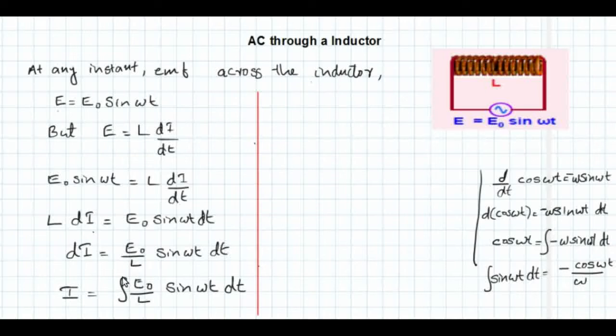But what we want is integral sin omega t dt. So from this we can find this integral sin omega t dt will be what? Minus cos omega t by omega. So the result of this integration, integral sin omega t dt, is nothing but minus cos omega t divided by omega.